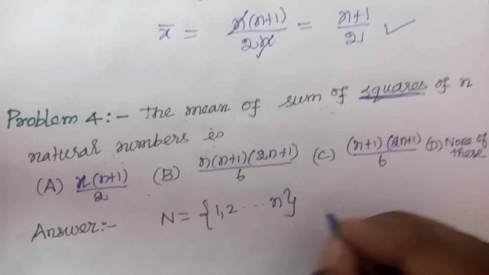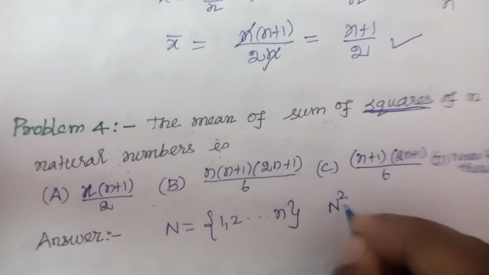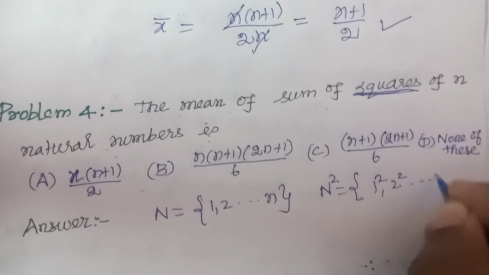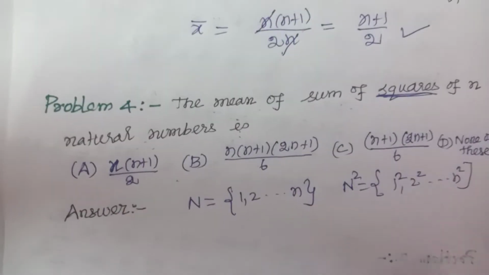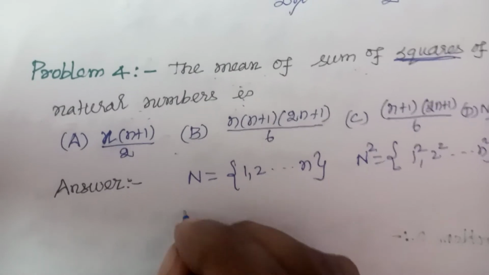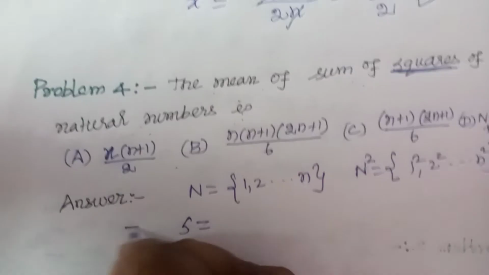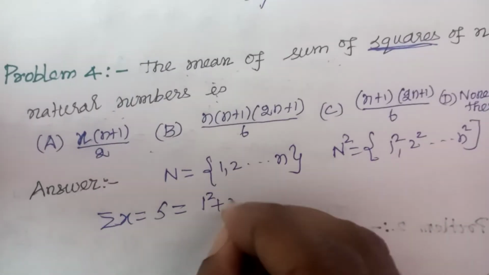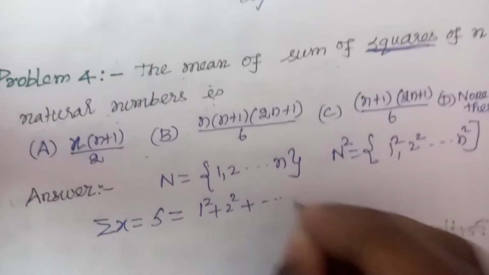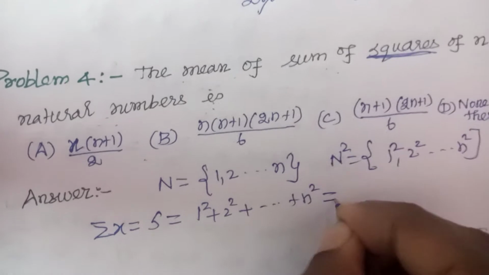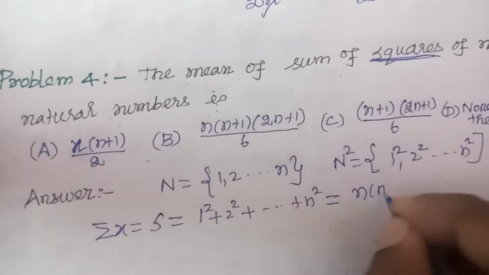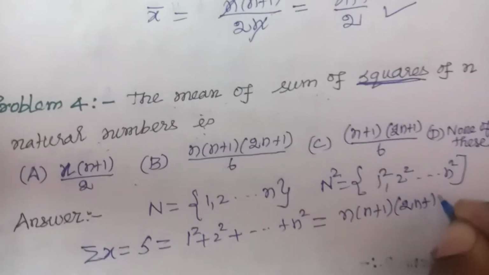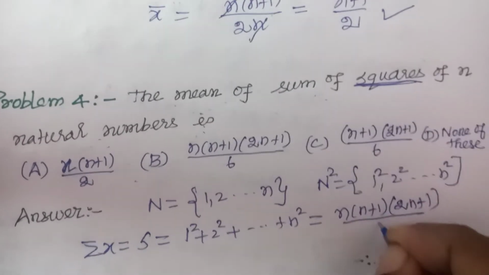Now the squares of natural numbers are 1 square, 2 square, etc. n square. Now the sum of squares, summation x, is 1 square plus 2 square plus etc. plus n square. You know the formula: n into n plus 1 into 2n plus 1 over 6.